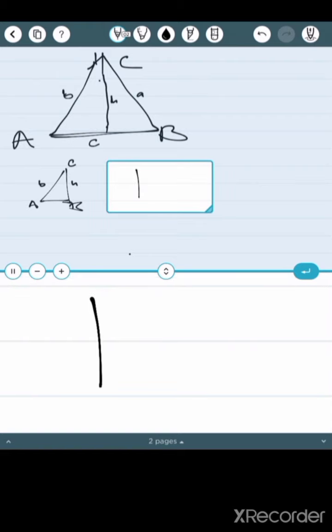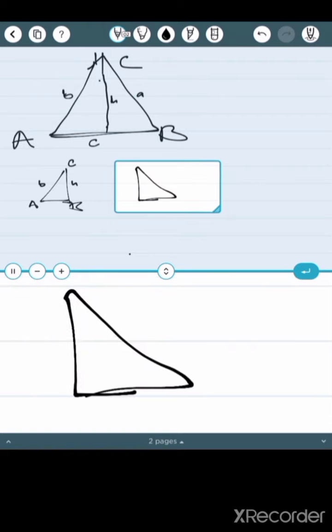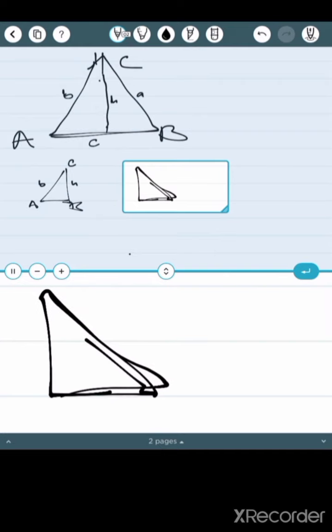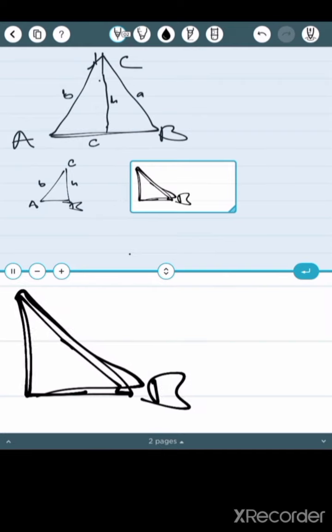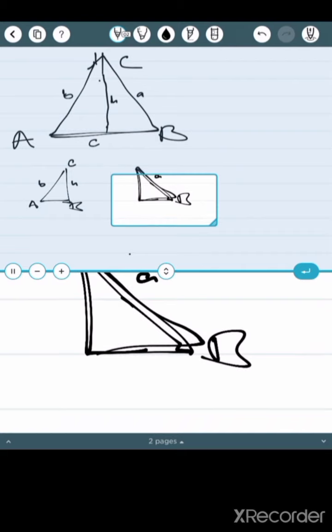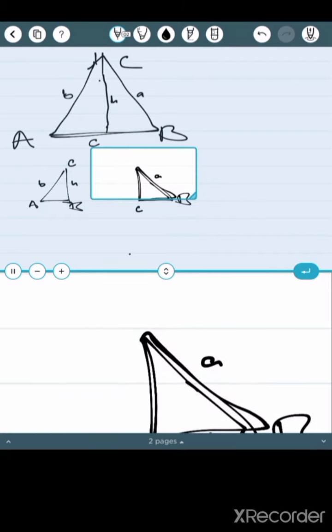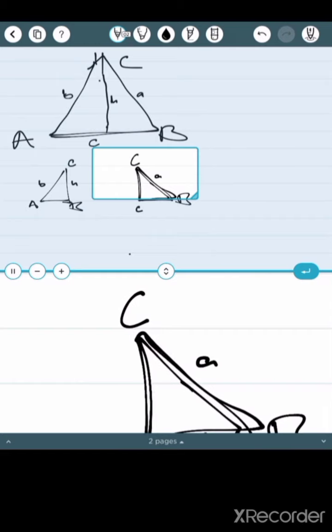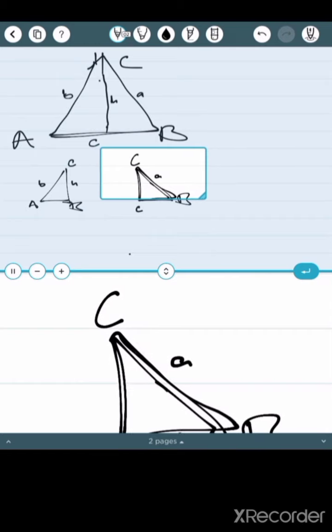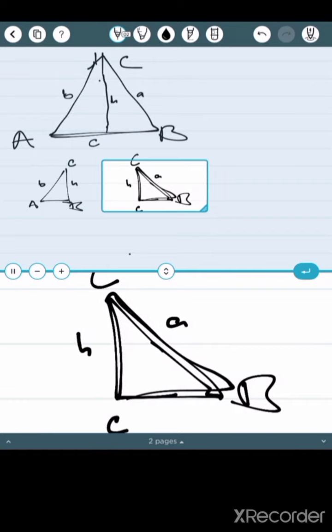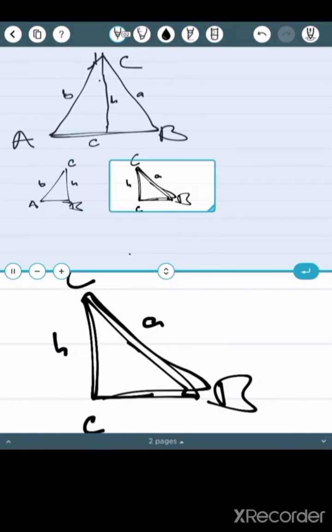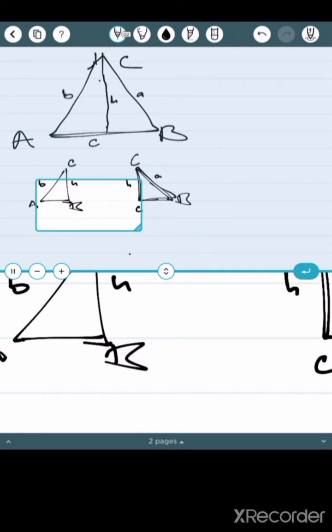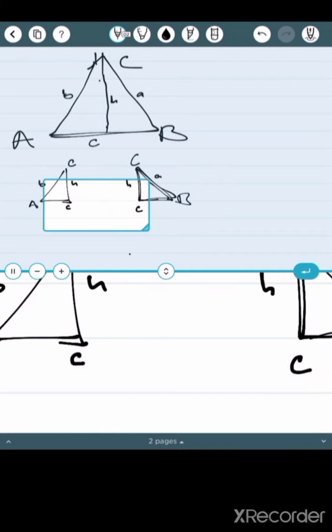On the other side we also have another triangle, and that will be B, that will be A, that will still be C, small c, and at the top we've got the capital C like that. Okay, sorry, this is not supposed to be B, they are supposed to be C. Yes, that will be a small c down there.